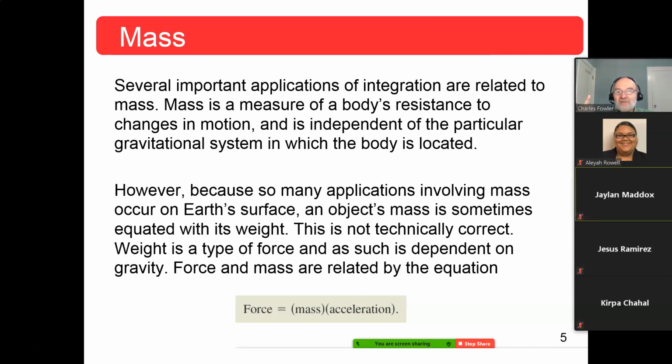Now, mass is independent of the particular gravitational system in which the body is located. Okay, for instance, if I have a mass, and I do here on Earth, I'd have that same mass on the moon, same mass on Mars, same mass wherever I go, anywhere in the universe. My mass doesn't change unless I'm gaining or losing. Now, weight changes like crazy. Weight here on the surface of the Earth is too much, but it's here.